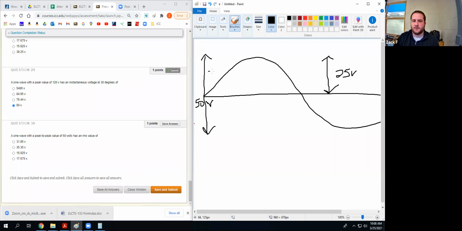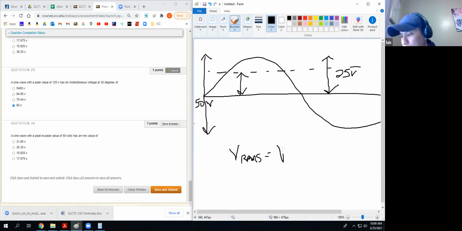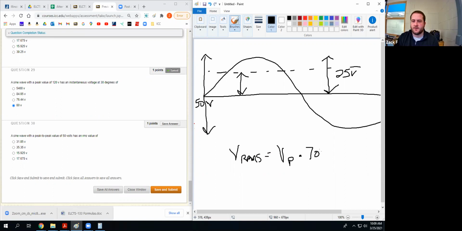So what's our RMS value? It's going to be here. 25 times 0.707.